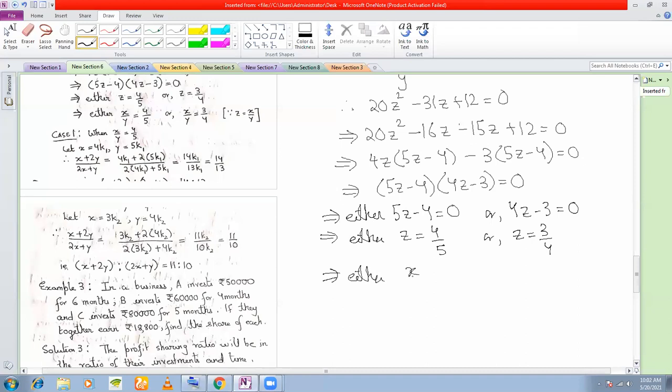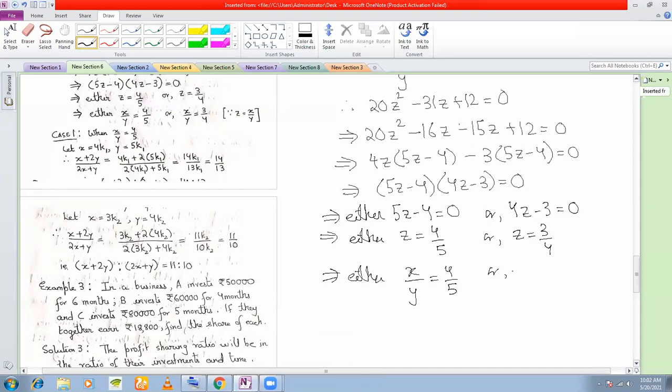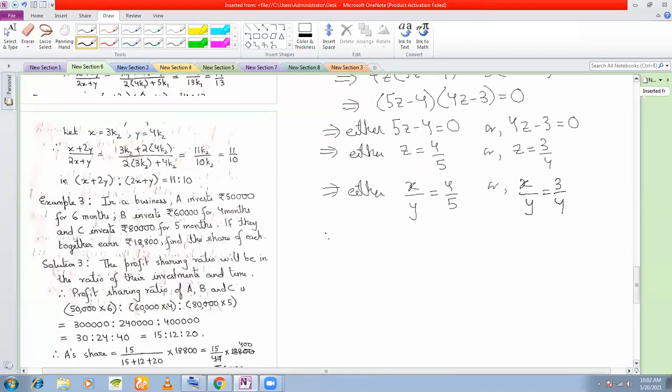The value of z here is x by y. So we're getting either x is to y is equal to 4 is to 5, or x is to y is equal to 3 is to 4. So we consider both the values.